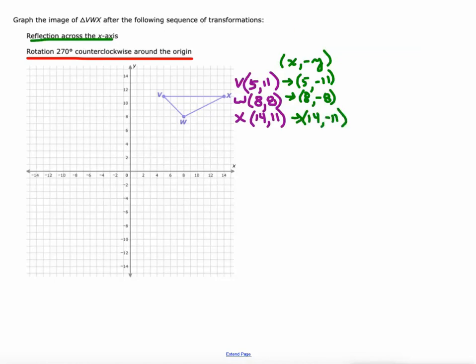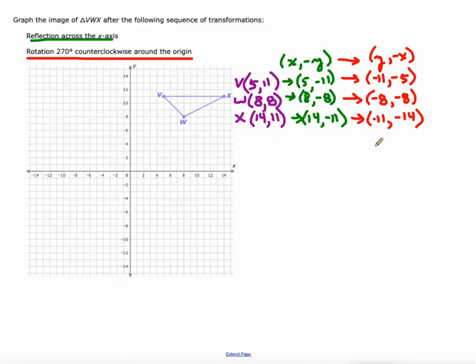Now we have to do that 270 degrees counterclockwise rotation. The rule for that is (y, -x). That one's a little bit complicated. It means that your new x value is your old y value, -11, and your new y value is the opposite of your old x value. So instead of 5, -5. So your x is equal to y, and then your y is equal to the opposite of x. It's -8. This one's going to be -11, -14. And those are the points that we'll plot here. -11, -5.